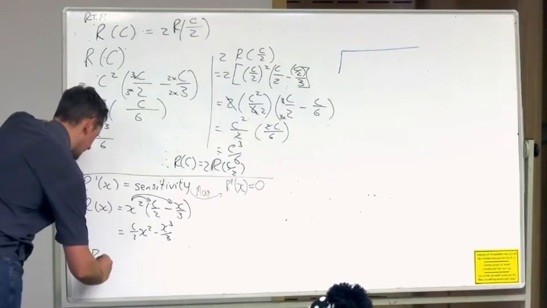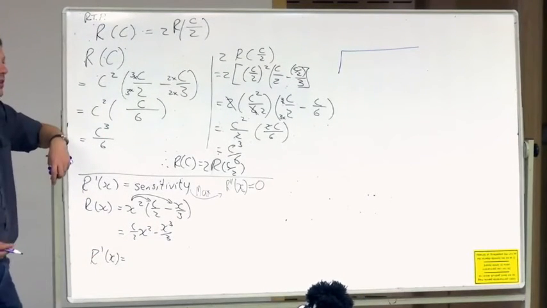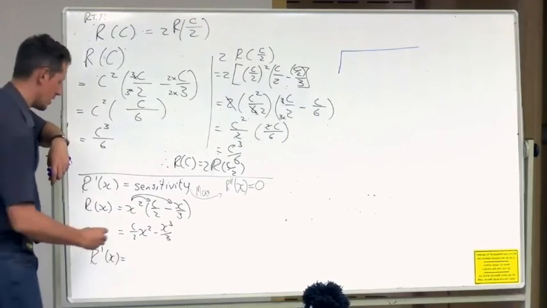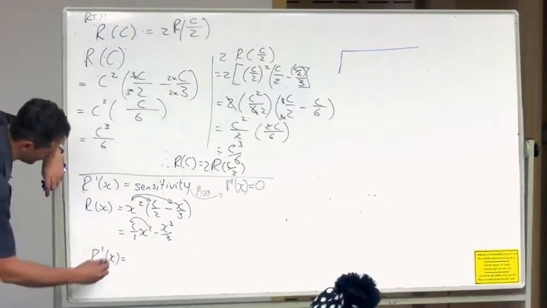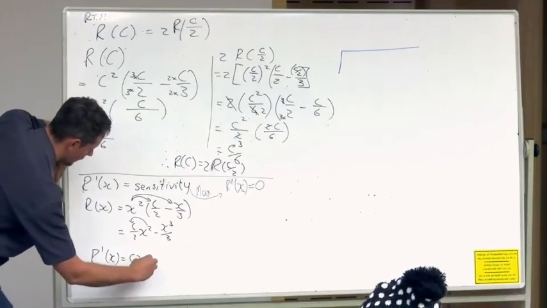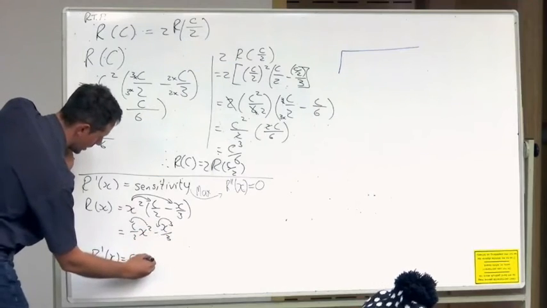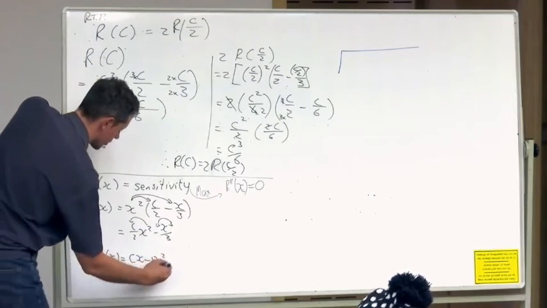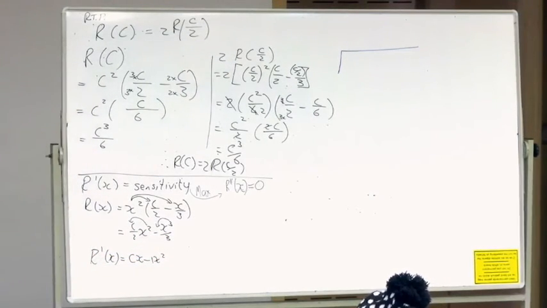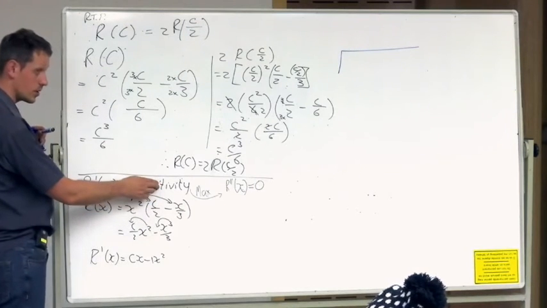Now I can get an expression that gives you the sensitivity of the drug. So if I differentiate this, 2 times a half is 1. So I'm left with Cx. 3 divided by 3 is 1, x squared. And there I now have an expression that measures sensitivity.